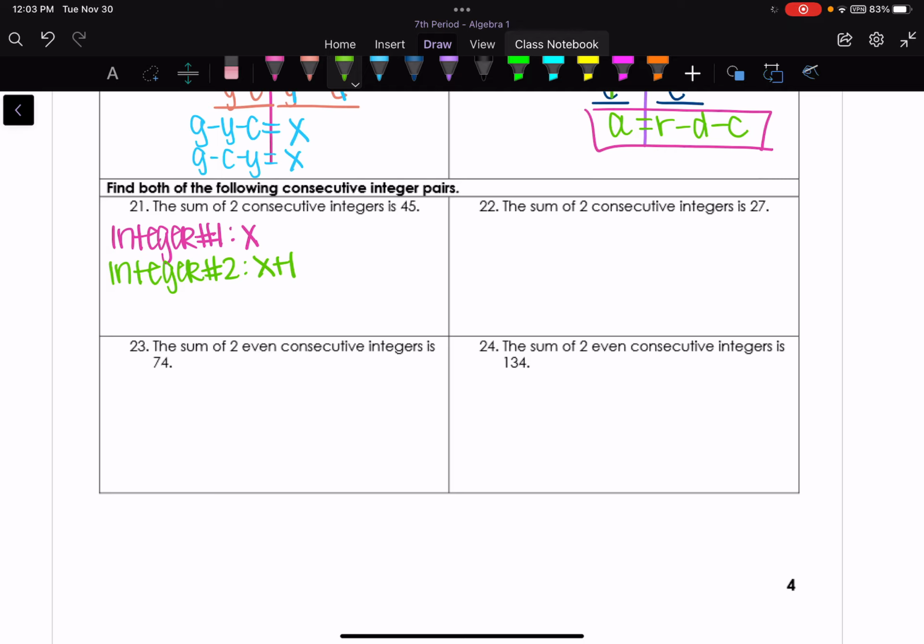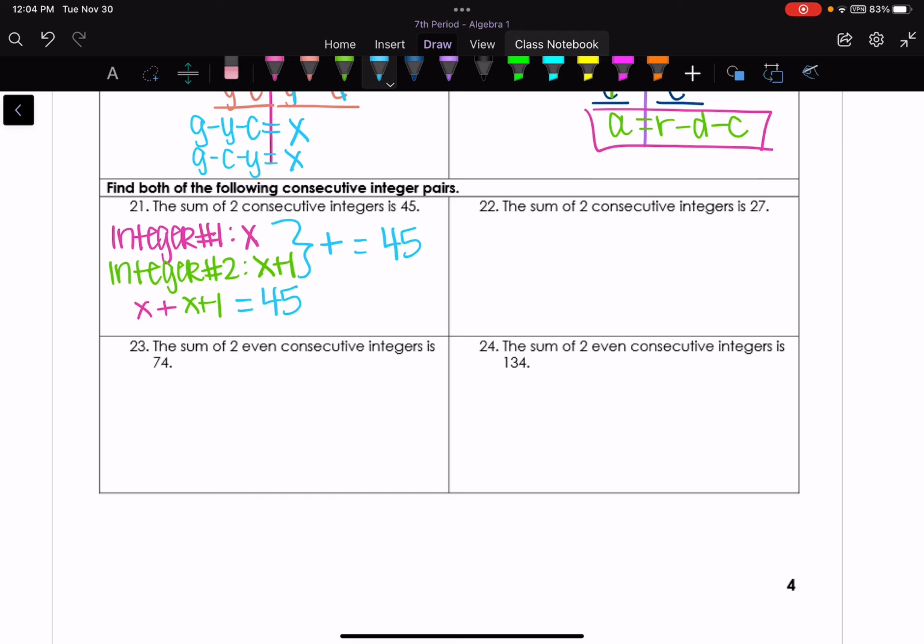So we are going to take the sum of these, so we are adding them together, and they are going to equal 45. So if we set this up as an equation, we have x plus x plus 1, and it's going to be equaling 45.